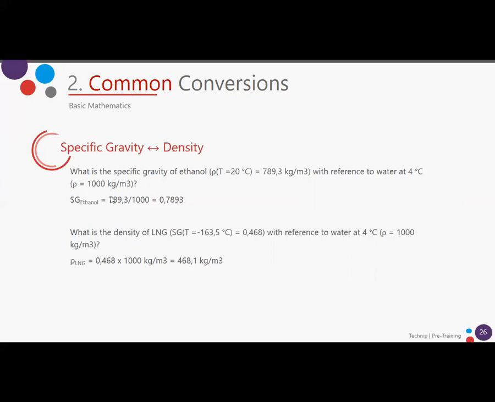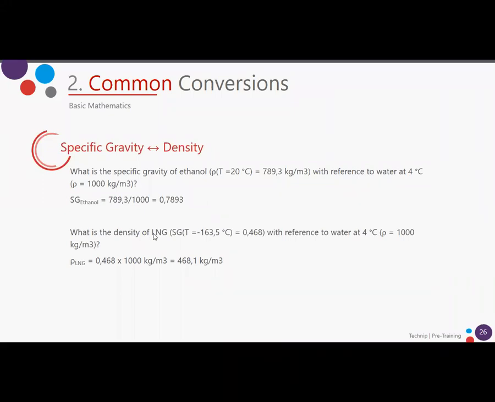So easy calculation. You divide the density of ethanol by the density of water, and we will get 0.7893. And again, it's less than 1. So again, we know, okay, ethanol at 20 degrees is less dense than water.